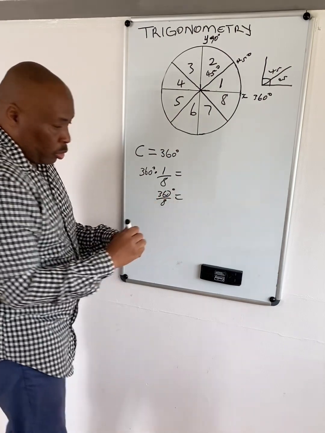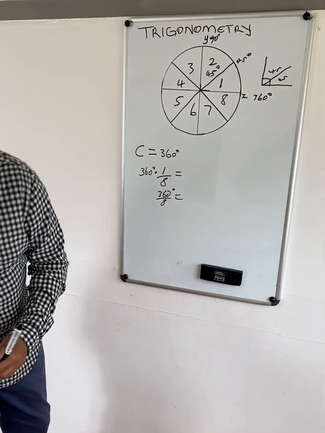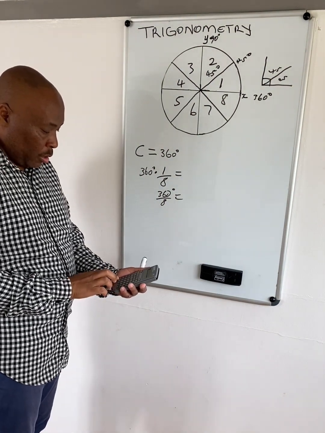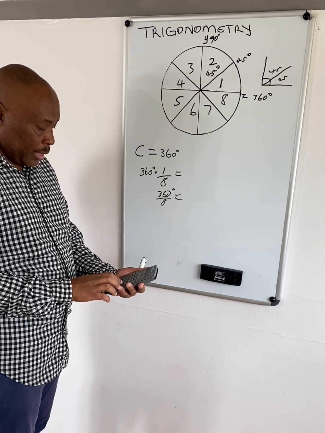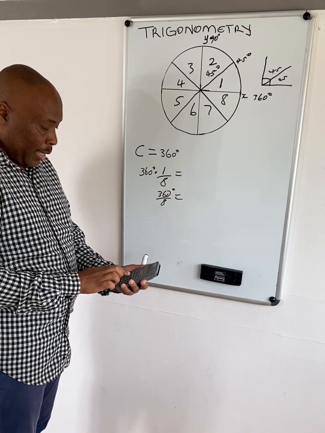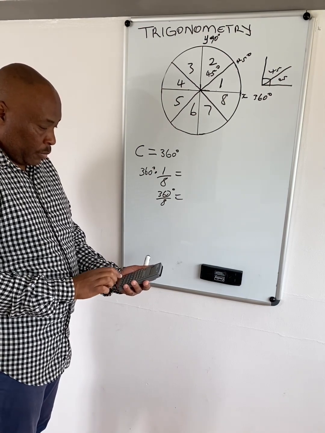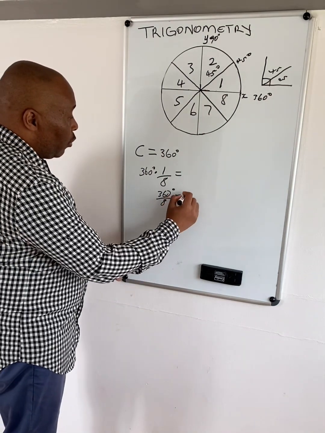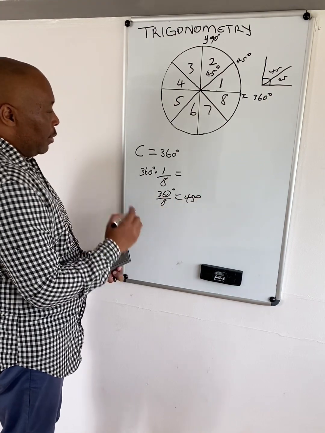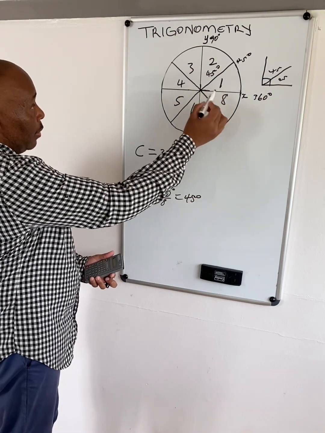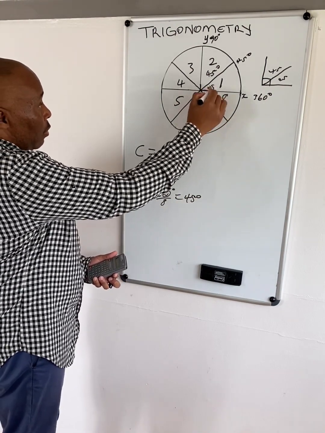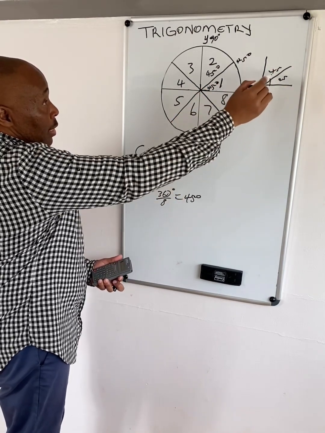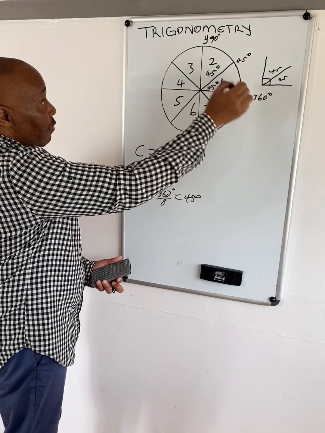Let's use our calculator for that, so that you are certain of where I'm getting this. 360 divided by 8 gives us 45 degrees. So this part is a 45 degree angle. We've just proved it with the calculation, the same as when I separated the 90 into 2, it gave us 45.